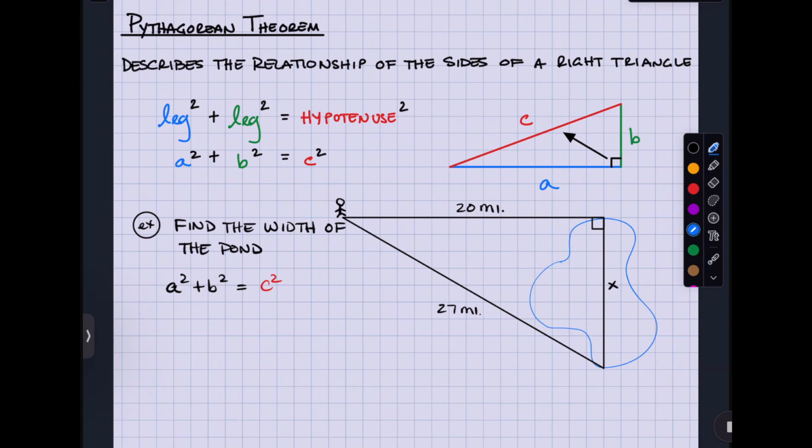But surveyors, if they get government contracts, actually get paid really well, right? So they're using the Pythagorean theorem. And the Pythagorean theorem says a squared plus b squared equals c squared. Okay? And so the Pythagorean theorem is only done on a right triangle. It talks about the relationship of the sides of a right triangle.